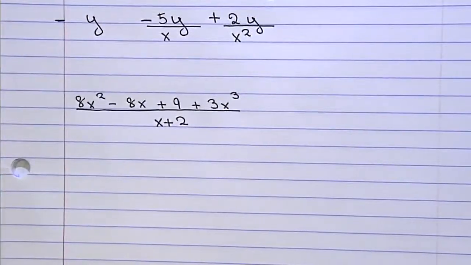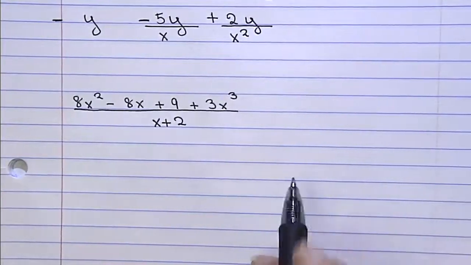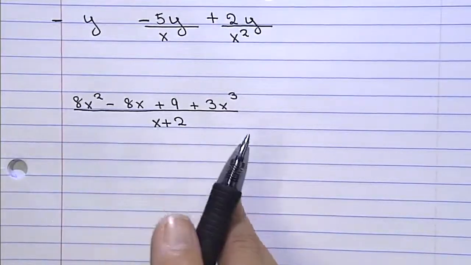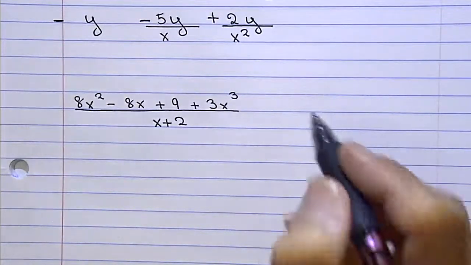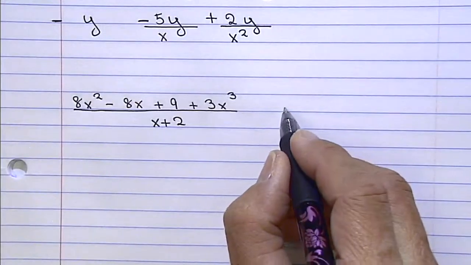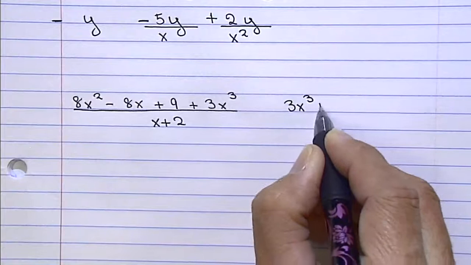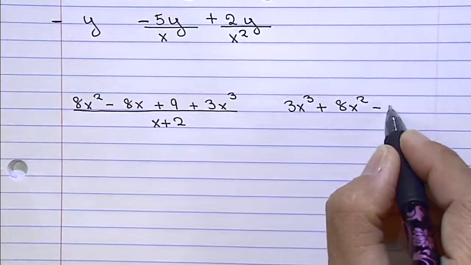The first thing you got to do is rewrite the thing, right? No matter what kind of division you're doing, this thing is in the wrong order, and you've got to make sure you've got one of every term, don't you? So we're going to start with the largest exponent, and we're going to work our way down, making sure that we have one of everything.